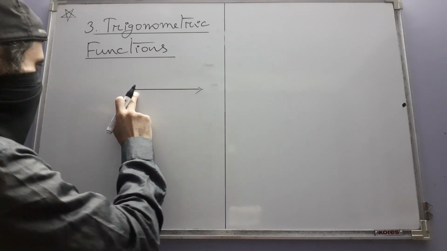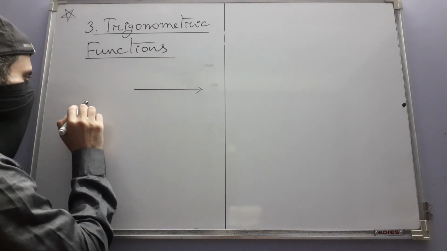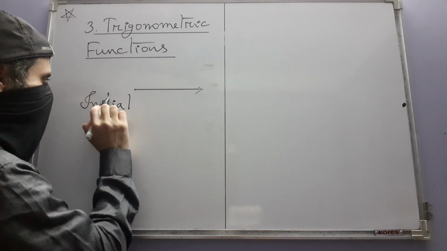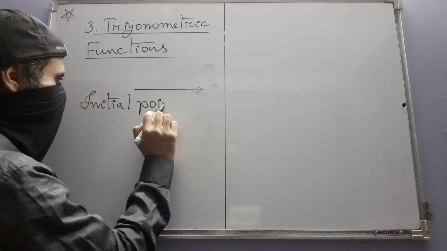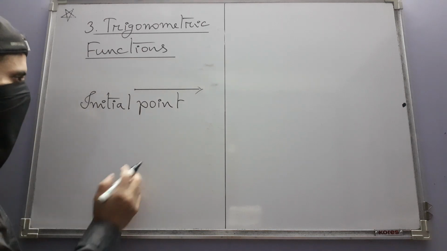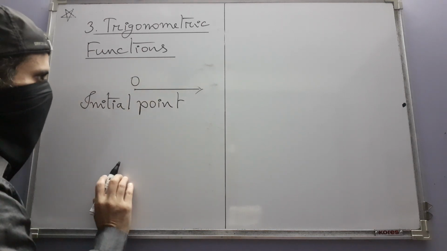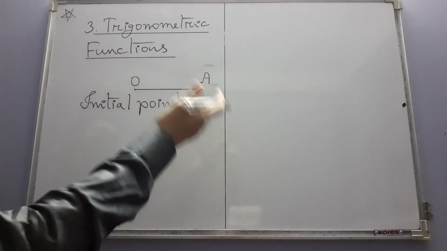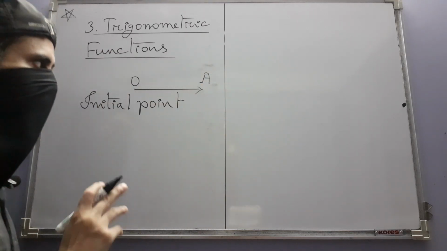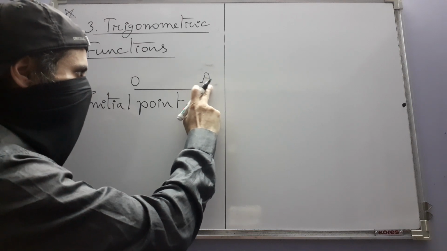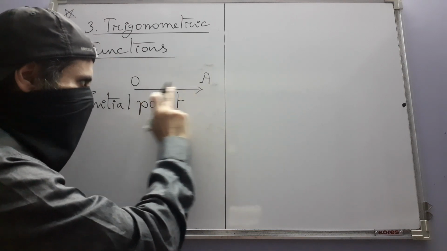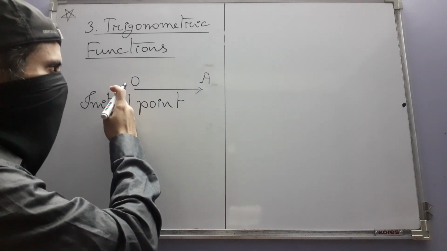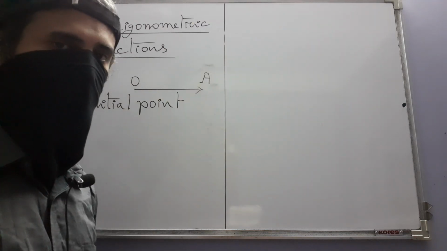But this distinguished point is called the initial point. Say you can name this O and say OA is the ray, where you must understand that here A is not a point on this figure, but it just simply indicates that the ray is going from O towards A.